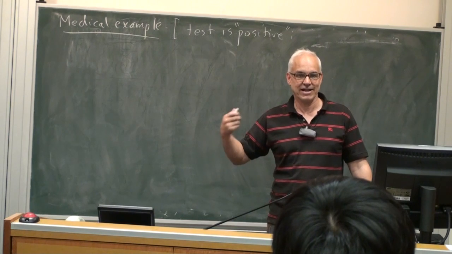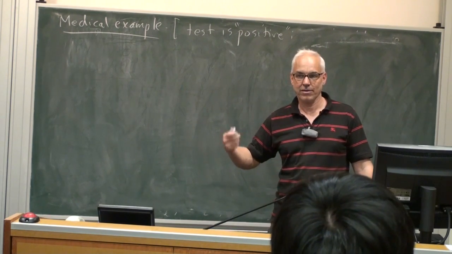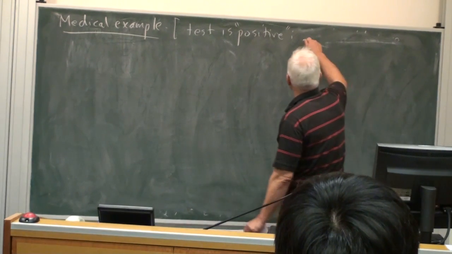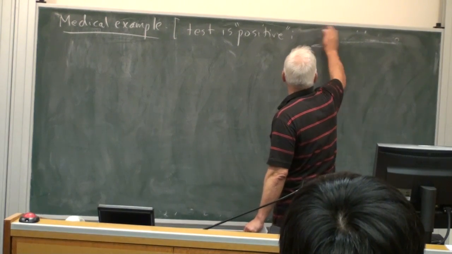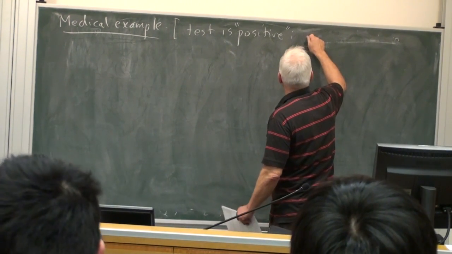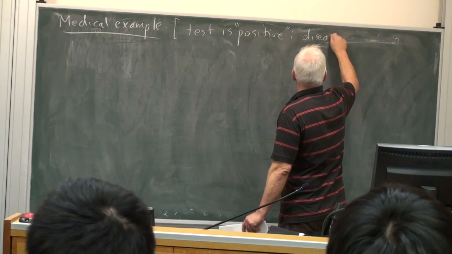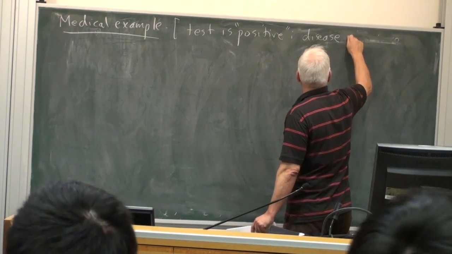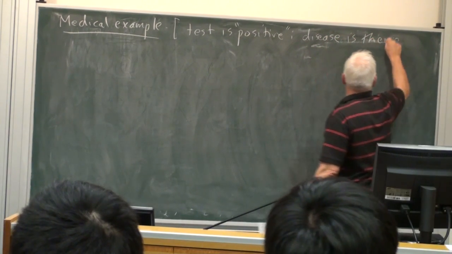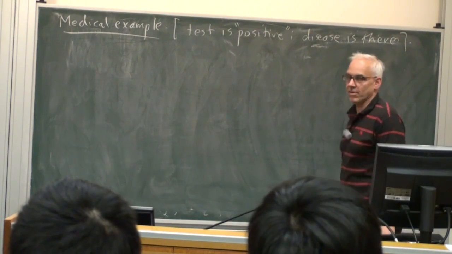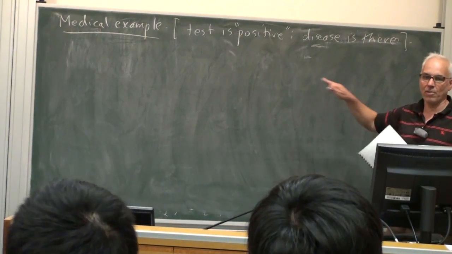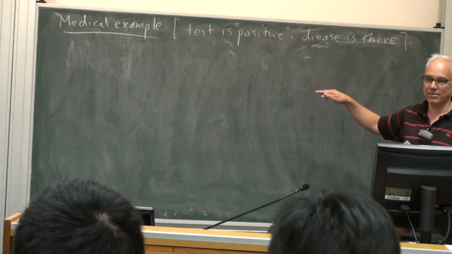You have whatever it is that you were testing for. So test is positive means that the disease is there. Okay, so we're clear on what positive means in this context.